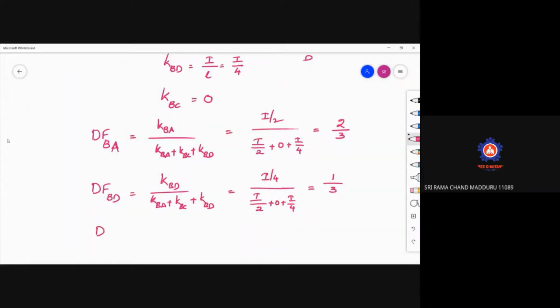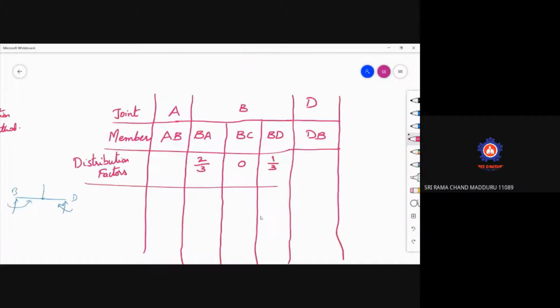So distribution factor for BC is equal to KBC by KBA plus KBC plus KBD, which is 0 by 3I by 4, which will give 0 only. As the support C is not available, as the far end is either not fixed or hinged, you can see here the distribution factor will be 0 for BC.